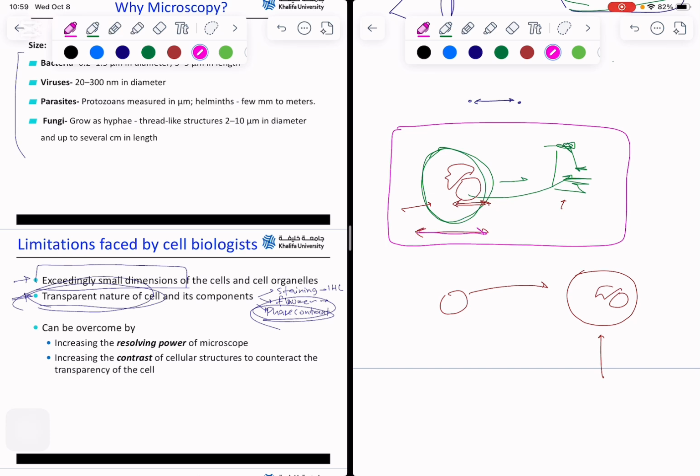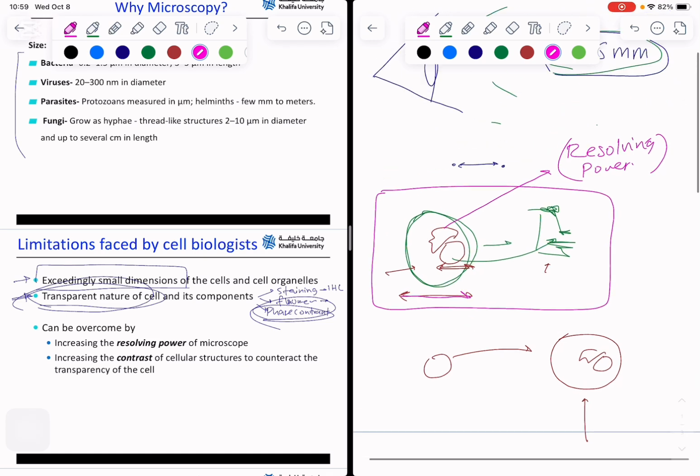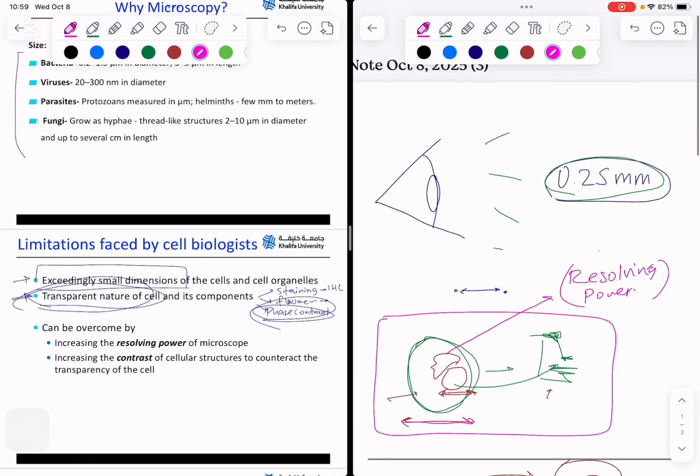So how they resolved this issue is by fixing something called the resolving power. And what the resolving power is, basically, as I was saying up here, is the ability to differentiate between two points and distinguish that this is point A, this is point B, and these are different points that I can, with my naked eye, differentiate.